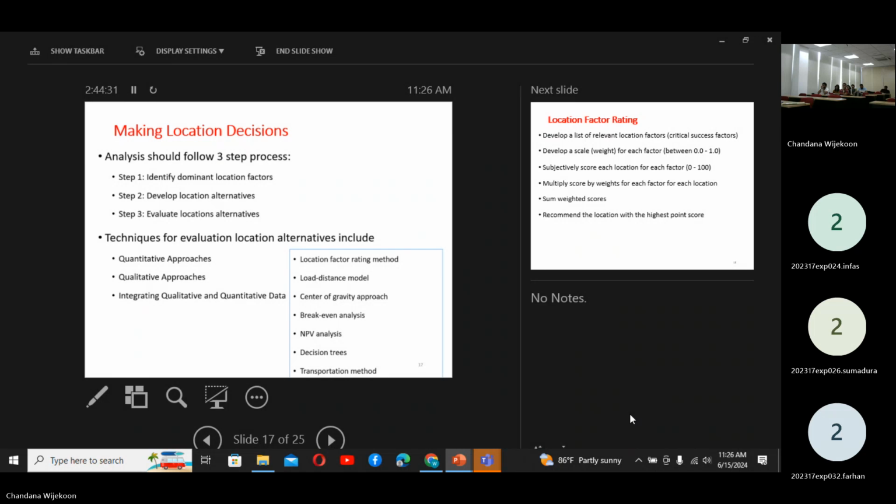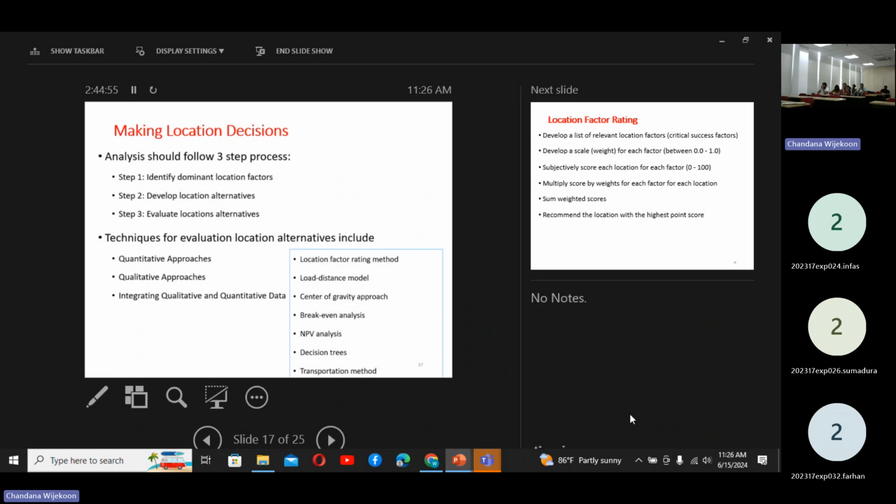Qualitative: using the opinions or judgments of experts, they will select the locations. For evaluation, they use judgments and opinions, not numbers. Sometimes they may combine these two, judgments and numbers together.